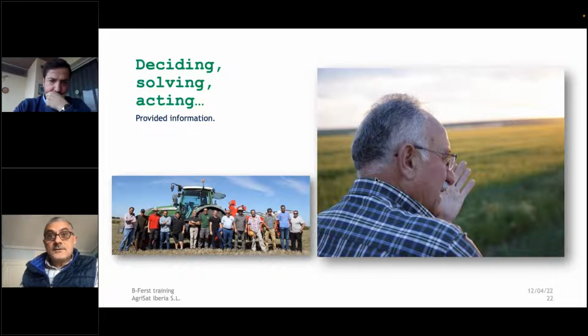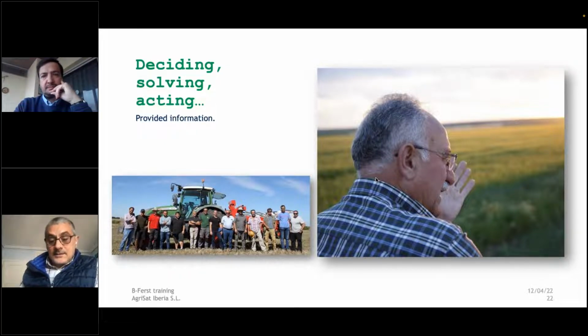That most difficult decision is to do nothing. And when you decide to do nothing, it is because you are very sure that the crop is evolving properly. So, without this global information provided by the image, only visiting a field, it is very difficult to be sure of that impression.